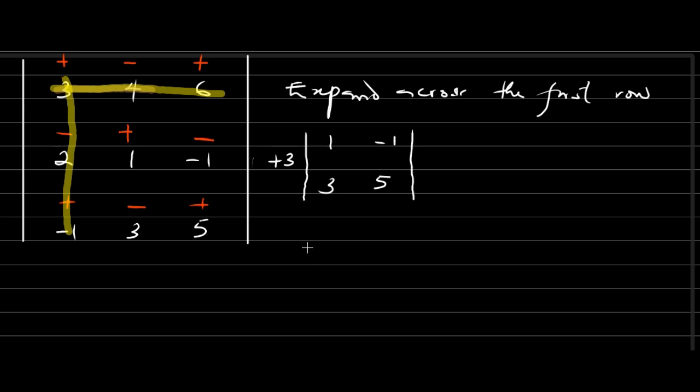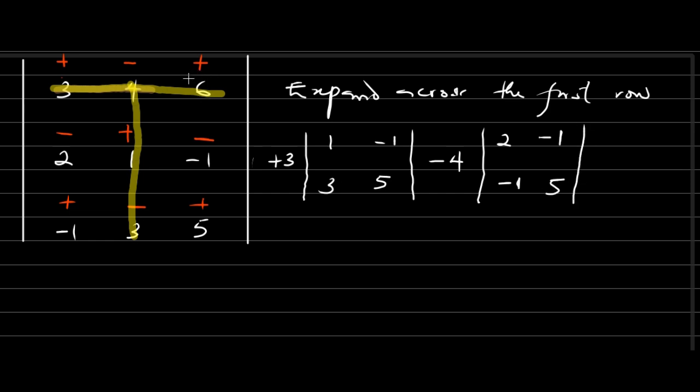Then the second element of the first row, that's 4, so that's minus 4. Taking minus 4 as the center now, we are going to delete the column that has minus 4 and the row that has minus 4. So what do we have left? We have 2, minus 1, and 5 for the rest.